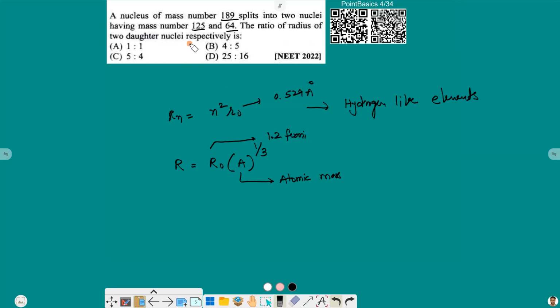So now the radius for the nucleus with mass number 125 will be R node into 125 raised to power 1 by 3, and the radius for the nucleus with mass number 64 will be R node into 64 raised to power 1 by 3. So their ratio R125 by R64 will be equal to 5 by 4, and that is option C for us.